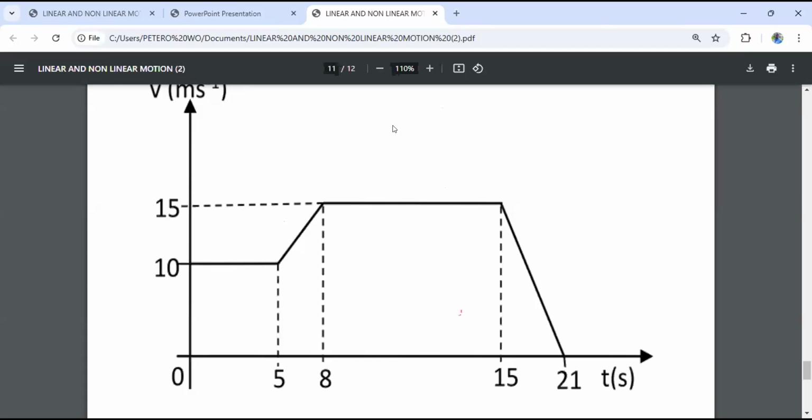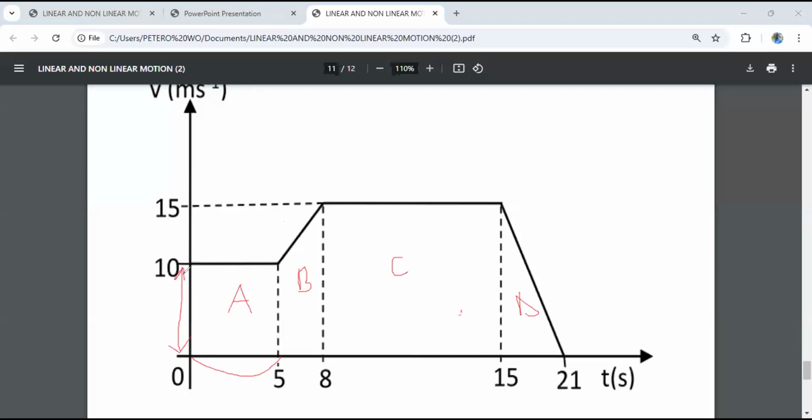Okay, let us do it together and we see which distance that we get. We are going to have our areas labeled as A, B, C, and D. Now for area A, we have our length as 5 and width as 10.